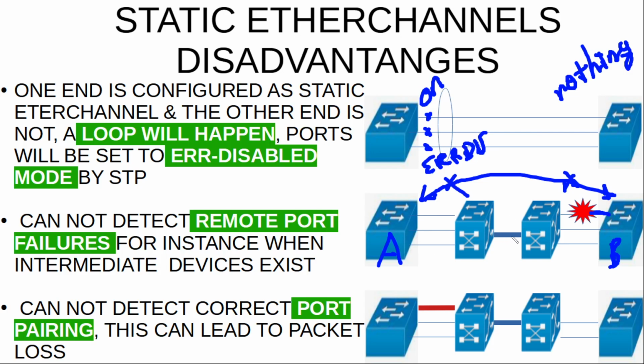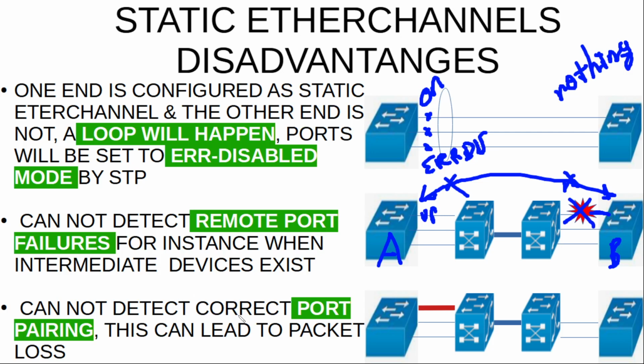Under some circumstances, for instance, if you are using a carrier to connect both sides, this interface will always remain up, as this is the last mile or local loop connection to your carrier, even though on the other remote side, this interface has a problem. Static Ether channels cannot be aware of that.